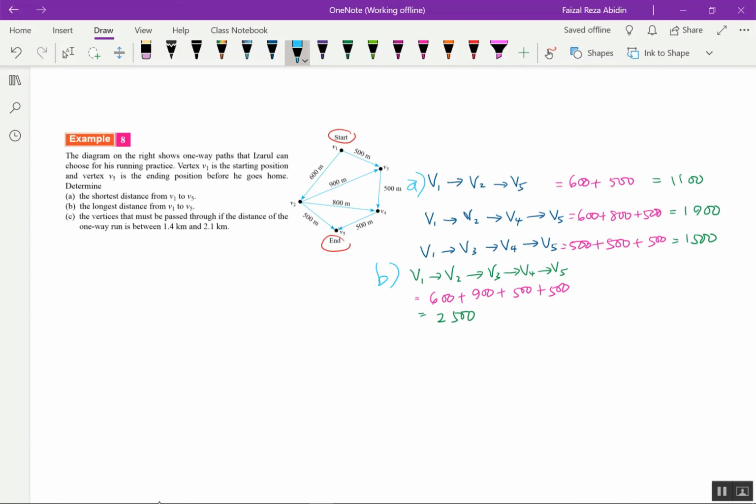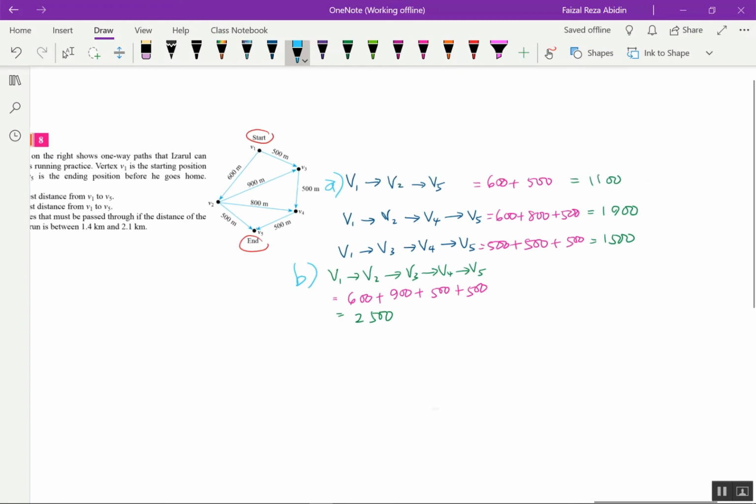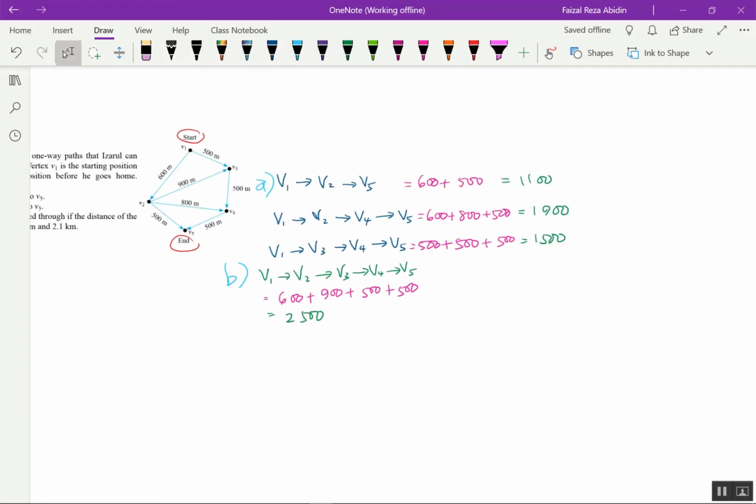Then determine the vertices that must be passed through if the distance of the one-way run is between 1.4 kilometers and 2.1 kilometers. So we are going to convert all of this into kilometers.